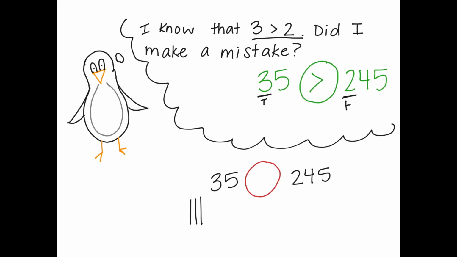Now the 2 in 245, that's worth 2 hundreds. Now, 35 also has 5 ones. And 245 has 4 tens and 5 ones.